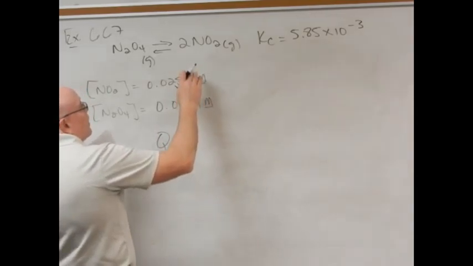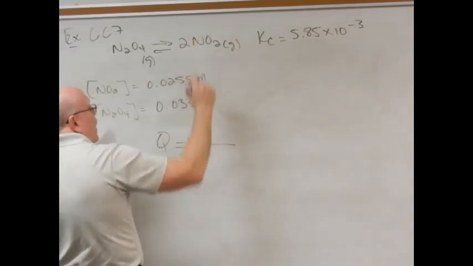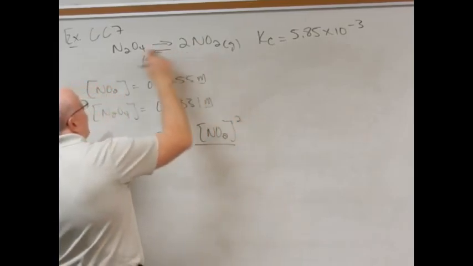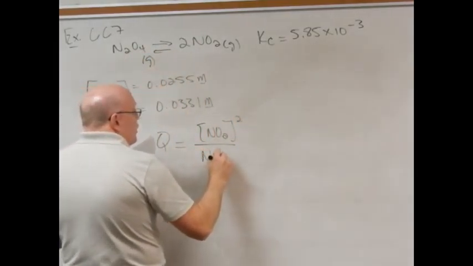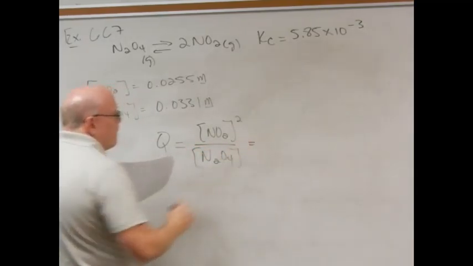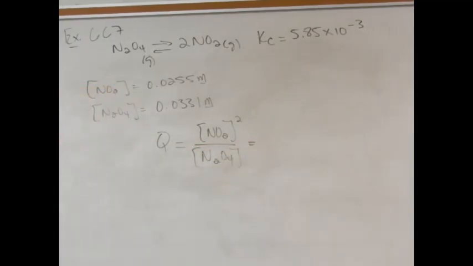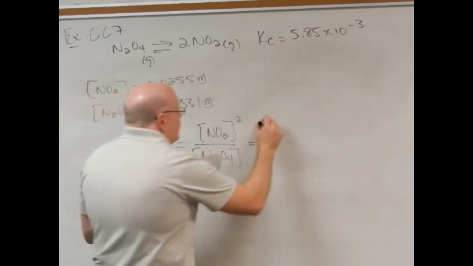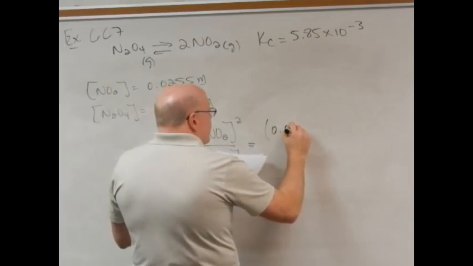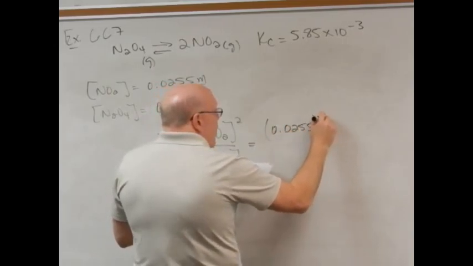Equilibrium constant says products. Our products are NO2, second power, over N2O4. We put in the numbers. NO2 is 0.0255.